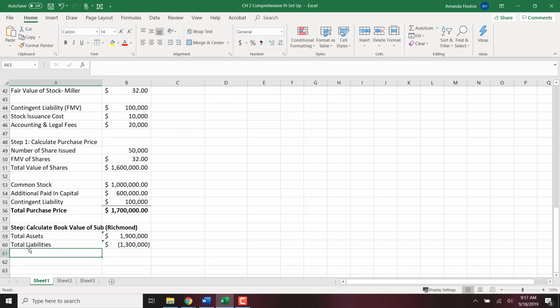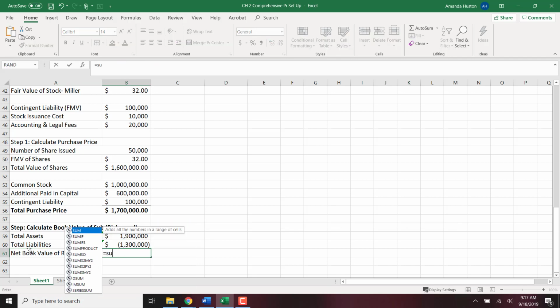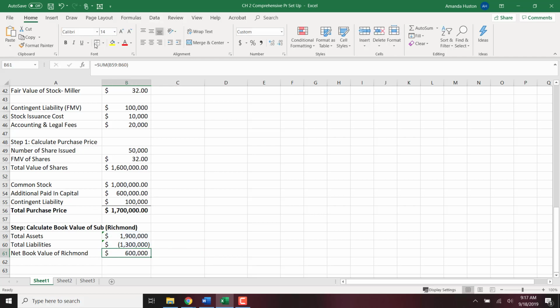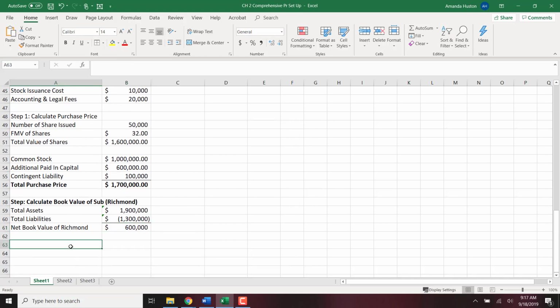So book value, net book value of Richmond. And we're going to add these two numbers together because the liabilities are listed as a negative number. So the net book value is 600,000. This was step 2, by the way. Now we're going to go to step 3.